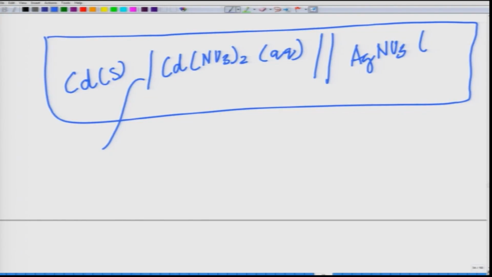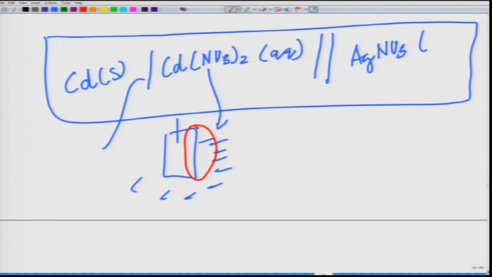So, you have the cadmium electrode in contact with cadmium nitrate. This phase boundary is shown by this one line, and then you have this salt bridge shown here.